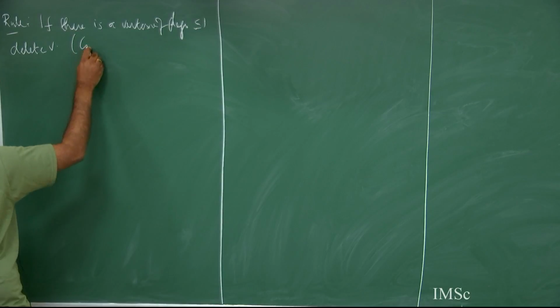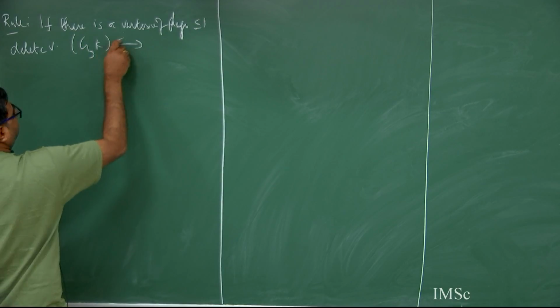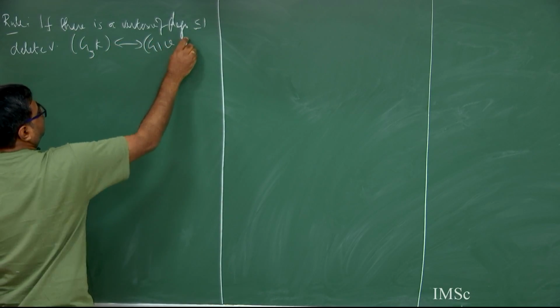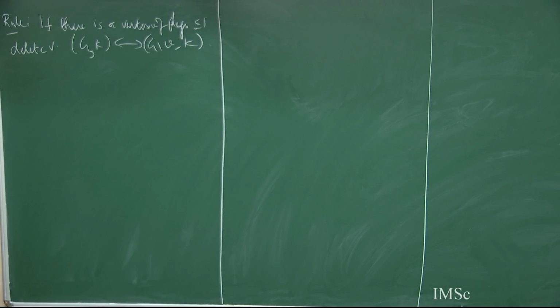So basically you have (G, k), and you can show that a vertex of degree at most 1 does not participate in any cycle, so it is a completely useless object, and you can prove that.